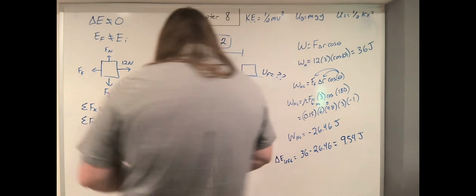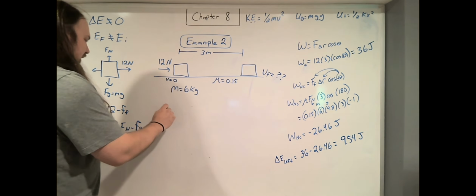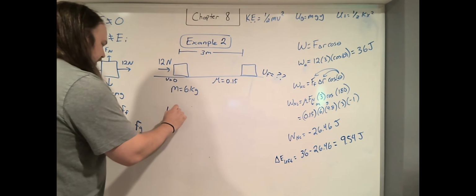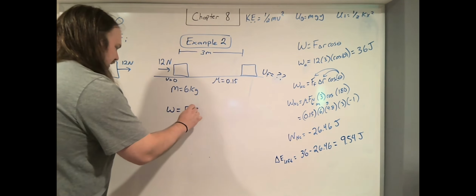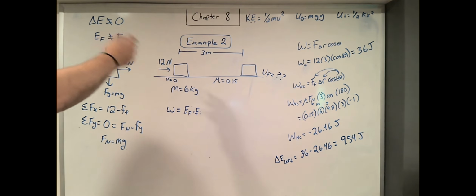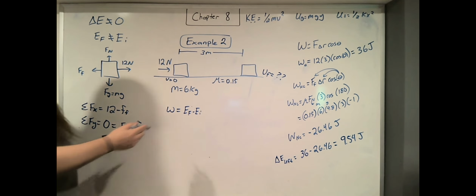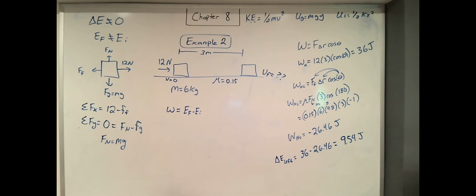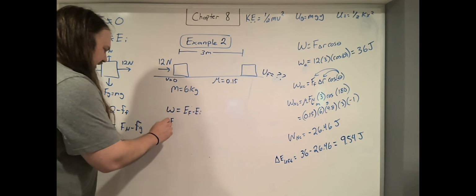So that means that we have work equal then to E final minus E initial. And we know that it's not zero. E final does not equal E initial. So this has to be the overall change in energy, right?